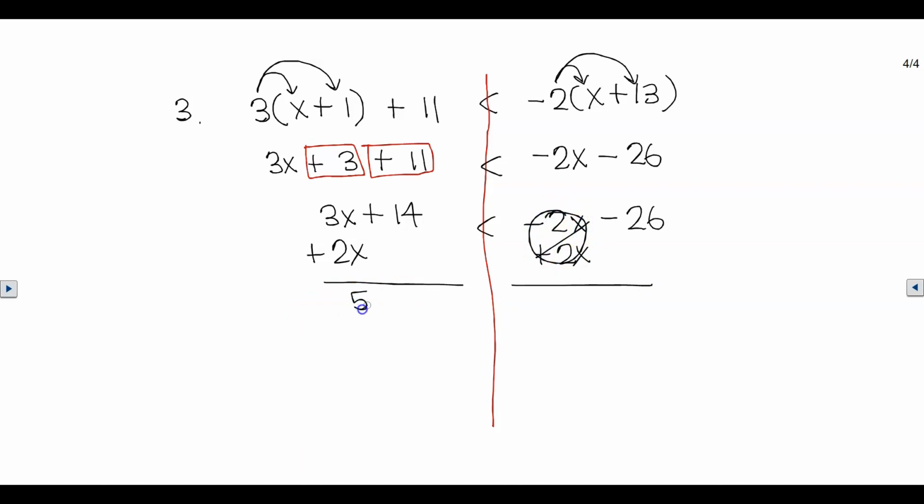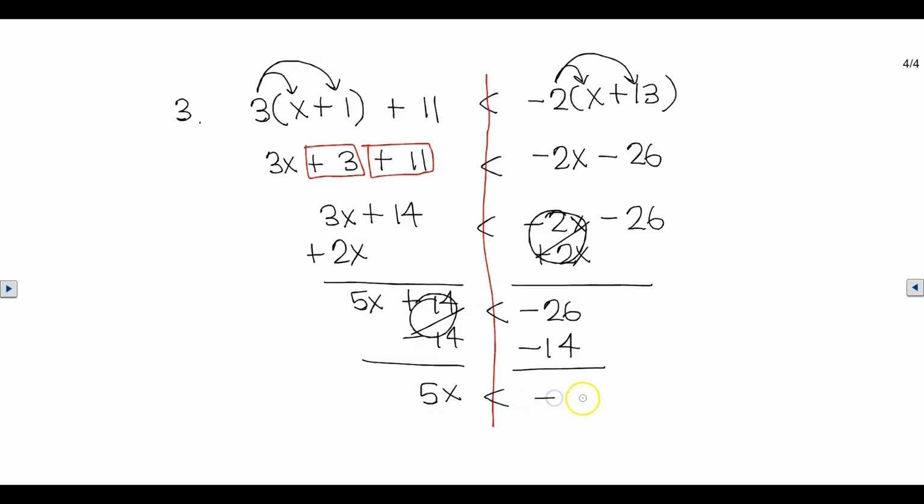So that gives me 5x plus 14 is less than a negative 26. Undo addition or subtraction. I will subtract 14, which gives me 5x is less than a negative 40.